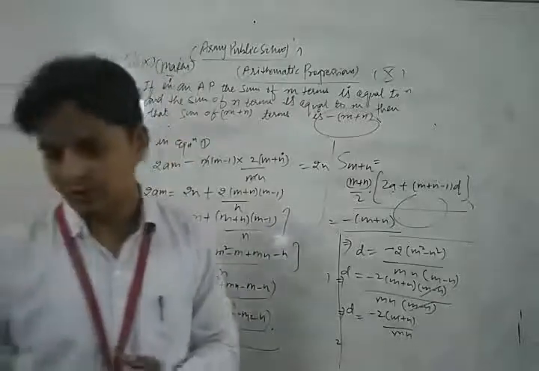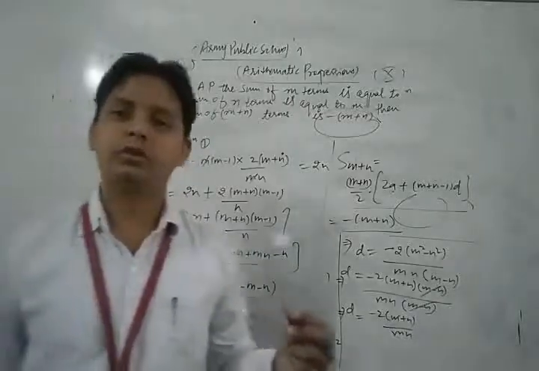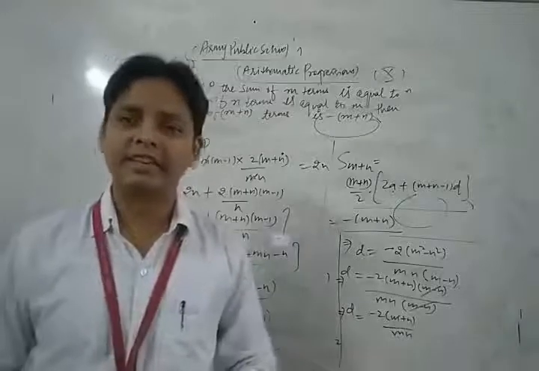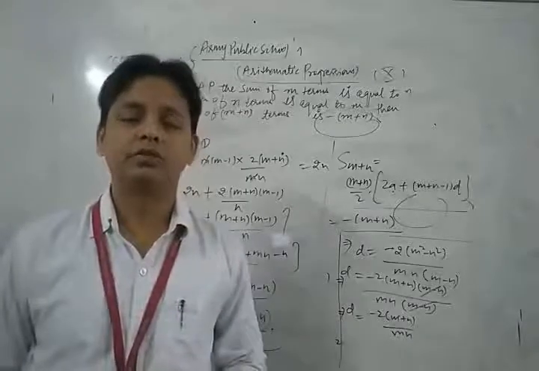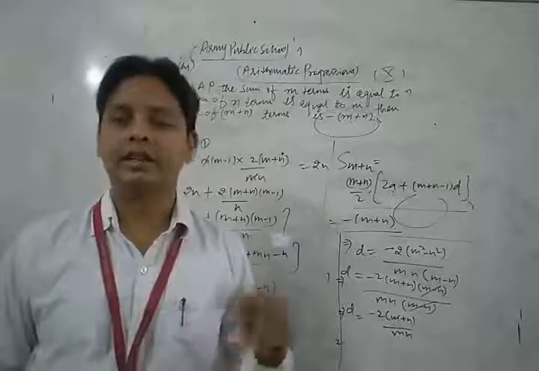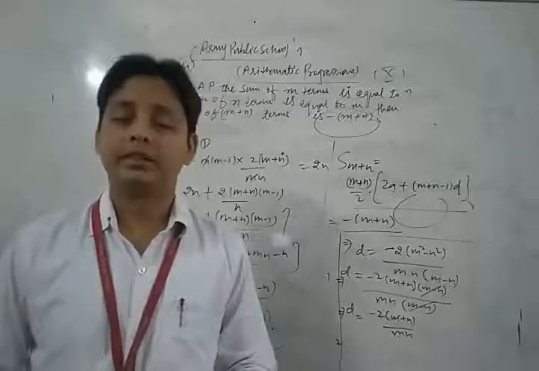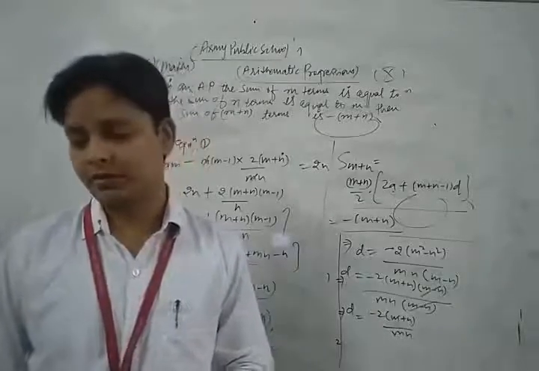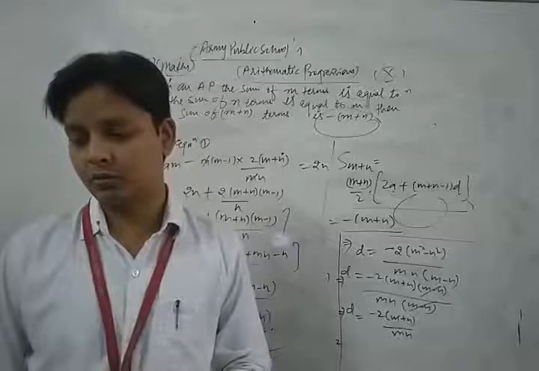So dear students, first of all, you do more and more practice of each and every question which we discussed in that class and also in previous classes. Then after, you can solve each and every question of your syllabus based on these topics.